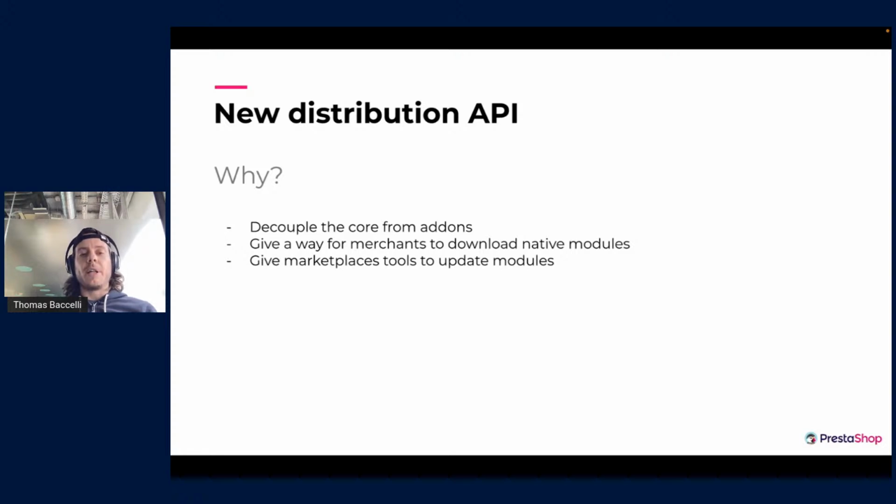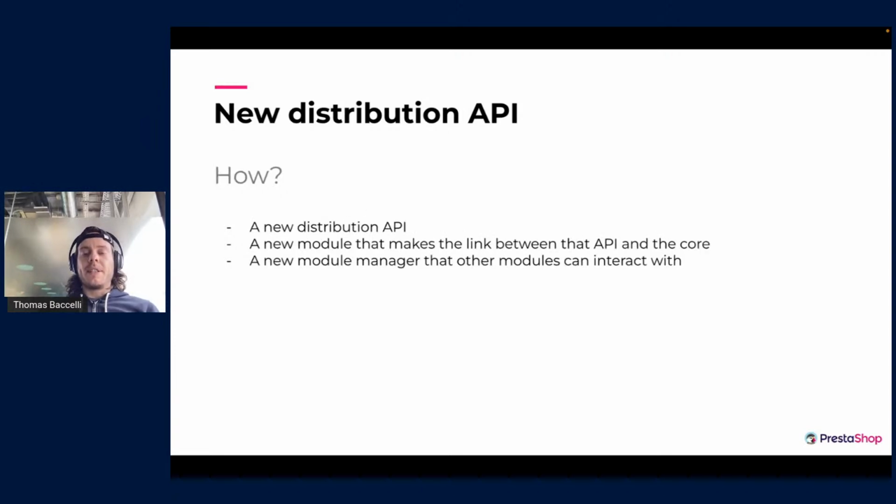And also we need to give marketplaces tools to update their module to show that they provide module updates. But I'm going to detail everything a bit later. So how do we do that? We're going to do that in 3 parts. The first one is a new distribution API.